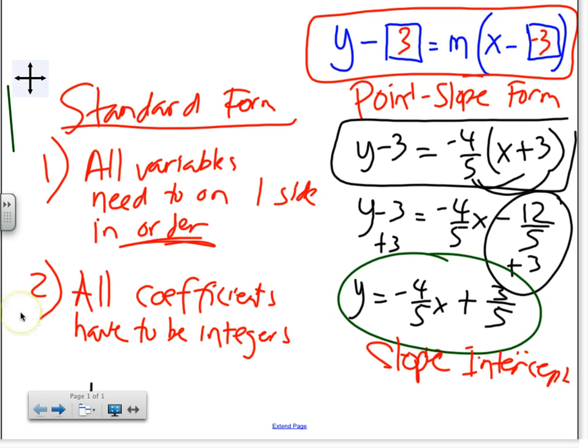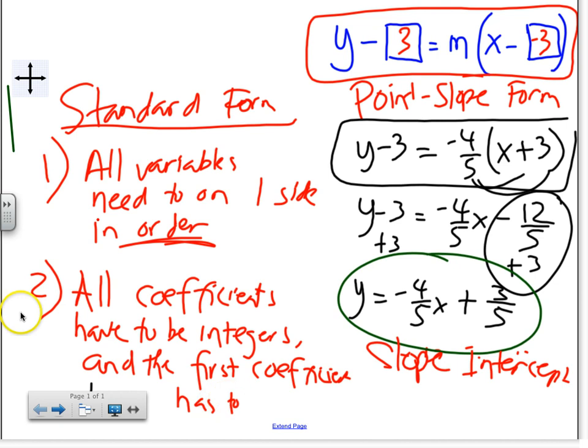No. So all coefficients have to be integers, and the first coefficient has to be positive. First coefficient has to be positive. Okay? So these are the 2 rules I need you to remember when you convert it back to standard form.